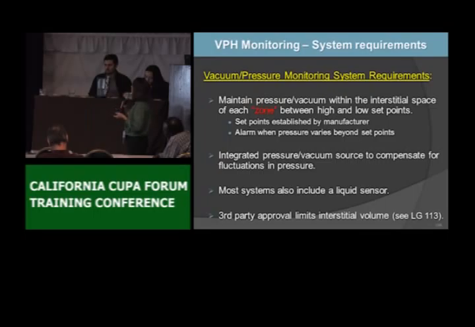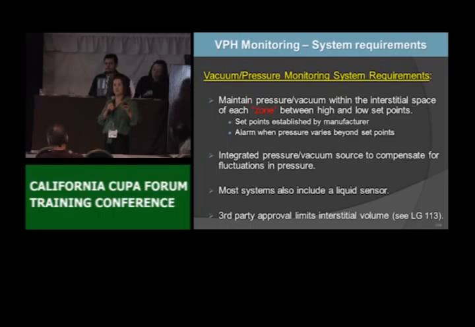Okay, so I'm going to go ahead and talk a little bit about the particulars of vacuum or pressure monitoring system. So I'm not sure how familiar you guys are with these sites, but these sites also are monitored with zones. So you're going to have your vacuum sensors that will monitor only a portion of the secondary part of your system.